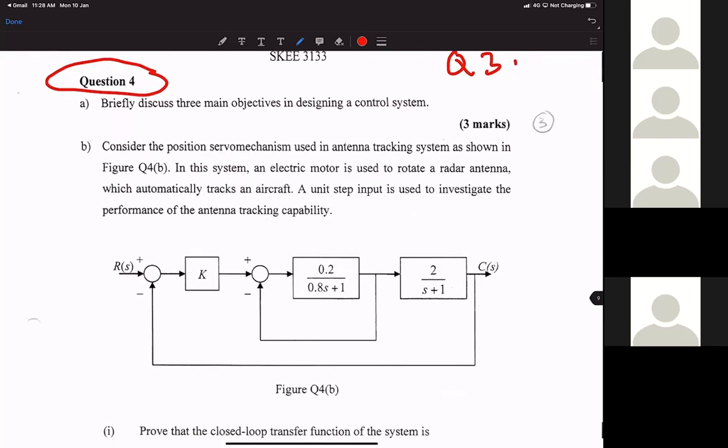B. Consider the position servo mechanism used in the antenna tracking system as shown in figure Q4B. An electric motor is used to rotate a radar antenna which automatically tracks an aircraft. A unit step input is used to investigate the performance of the antenna tracking capability.